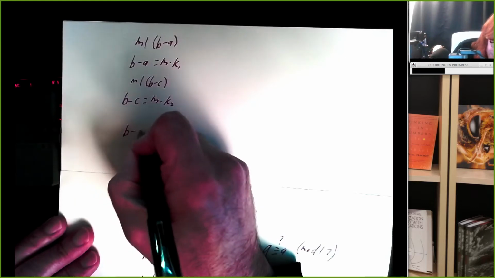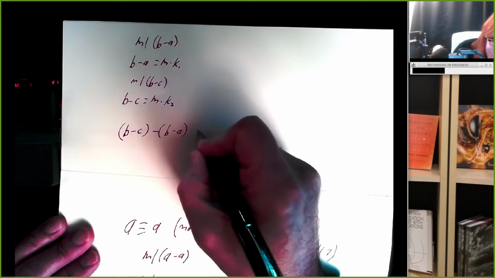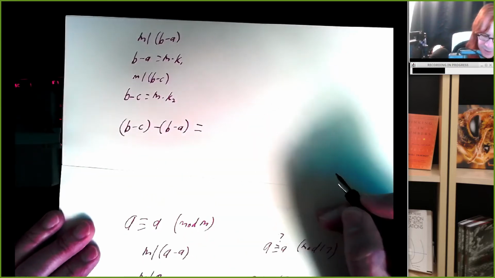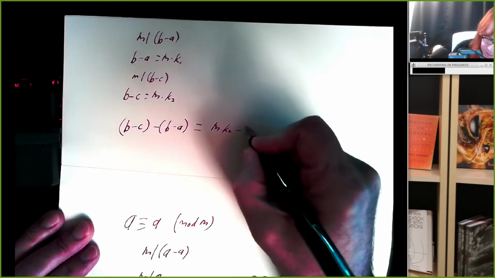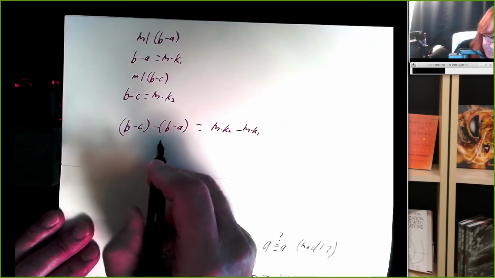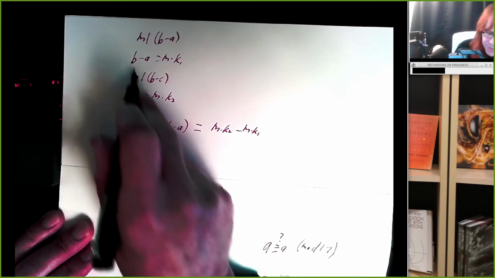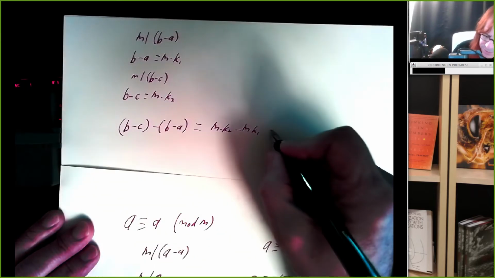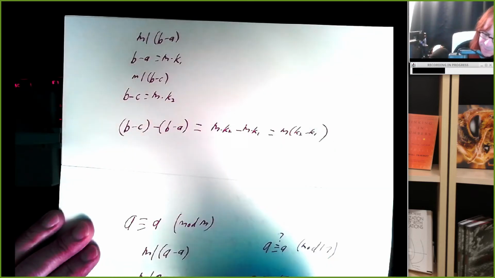And so if I do b minus a minus b minus c, that's equal to m times k1 minus m times k2, right? Because b minus a is m times k1, b minus c is m times k2, and this is just m times k1 minus k2.